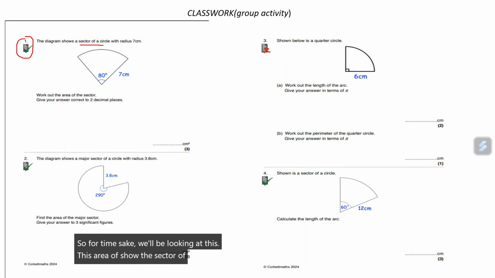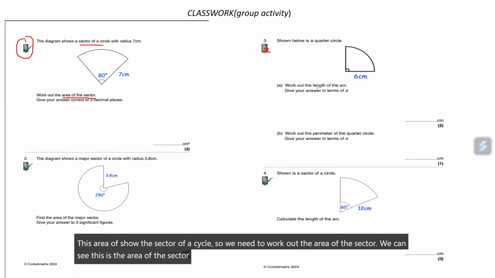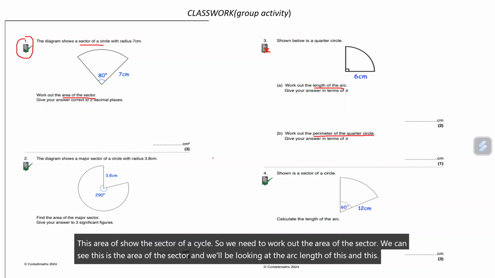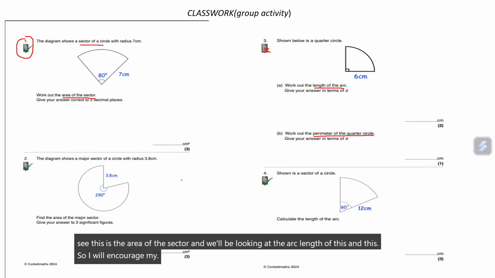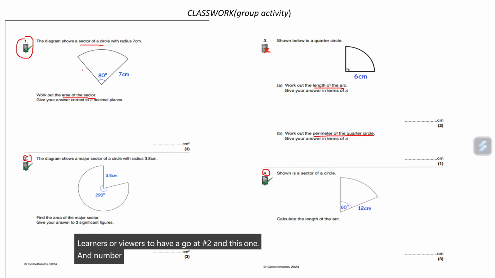So we need to work out the area of the sector. We can see this is the area of the sector, and we'll be looking at the arc length of this and this. So I will encourage my learners or viewers to have a go at number 2 and number 4 while we attempt questions 1 and 3.